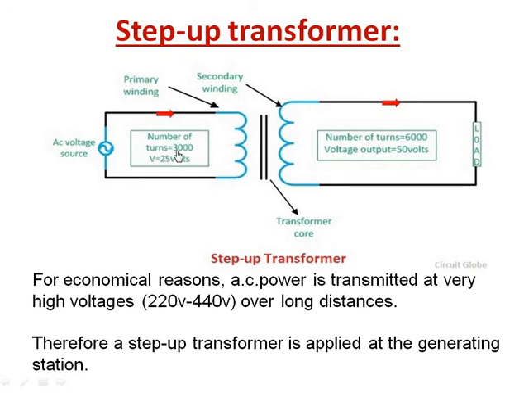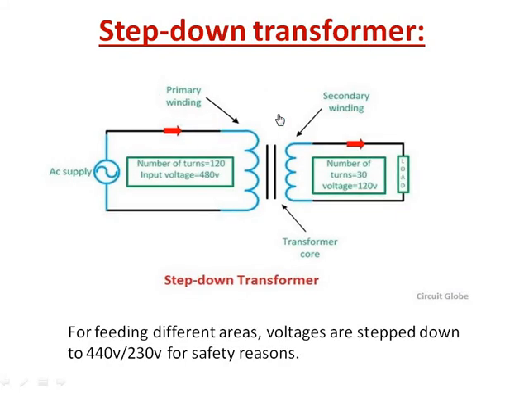Here the number of turns is 3000, the voltage is 25 volt, but we are going to get on the output side a voltage of 50 volt, and the number of turns is 6000. This is the core part of the transformer. For economic reasons, alternating current power is transmitted at very high voltages, 220 to 440 kV over long distances. Therefore, a step-up transformer is applied at the generating station.